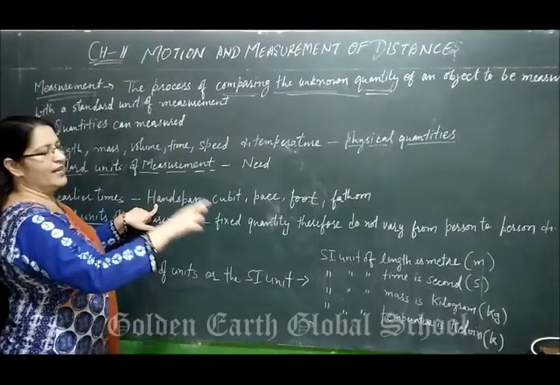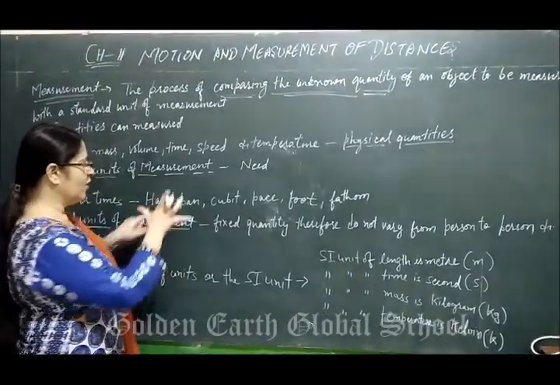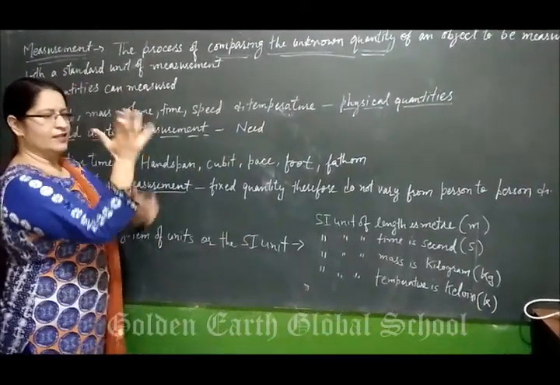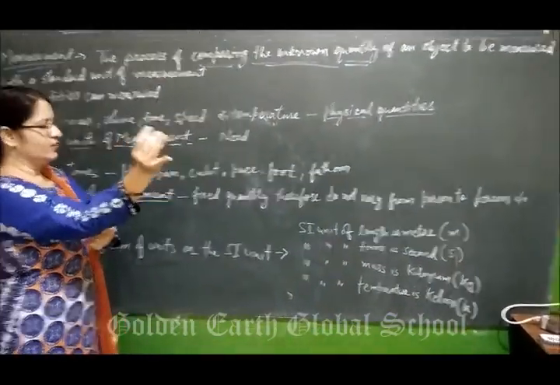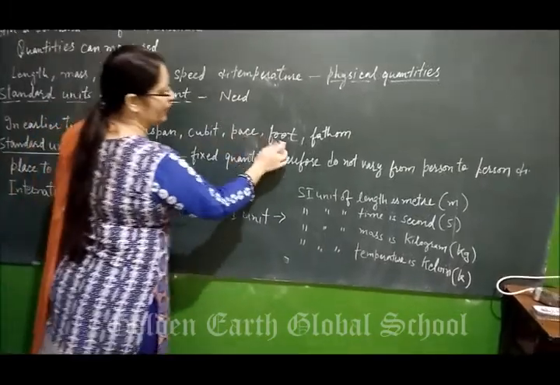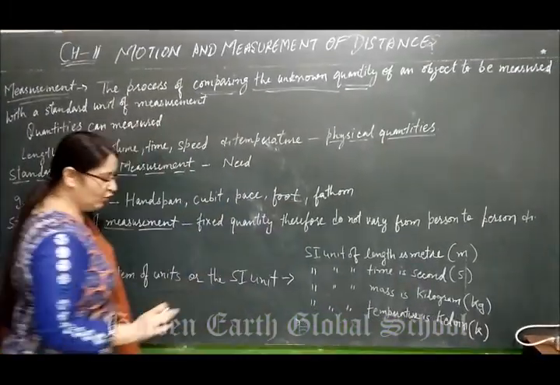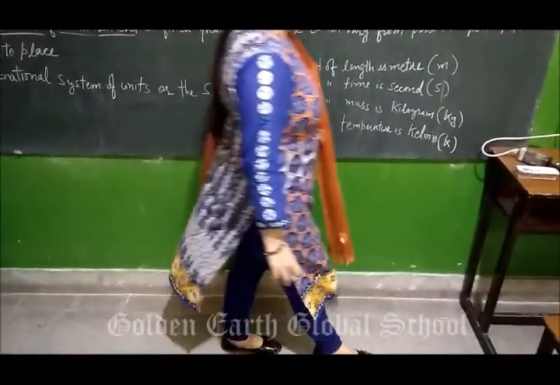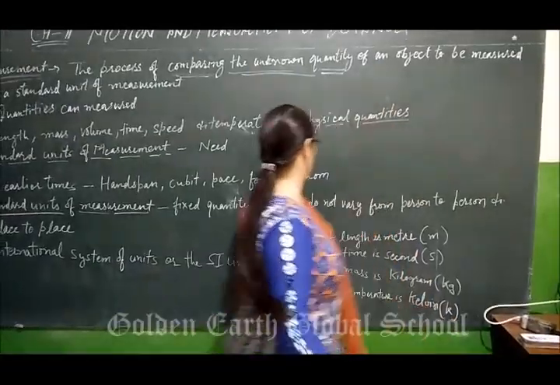You can measure the length of your bench while sitting with your hands like this. With the cubit, like this, the arm, and with your finger this one. With the pace also. When you are playing cricket, you can mark the pitch with your foot like this. 1, 2, 3, 4.